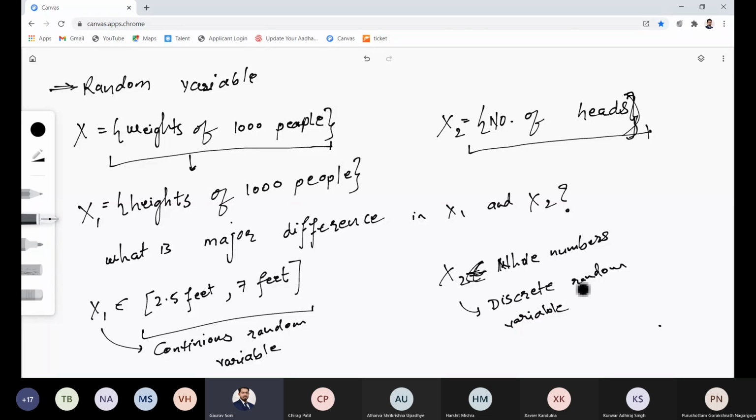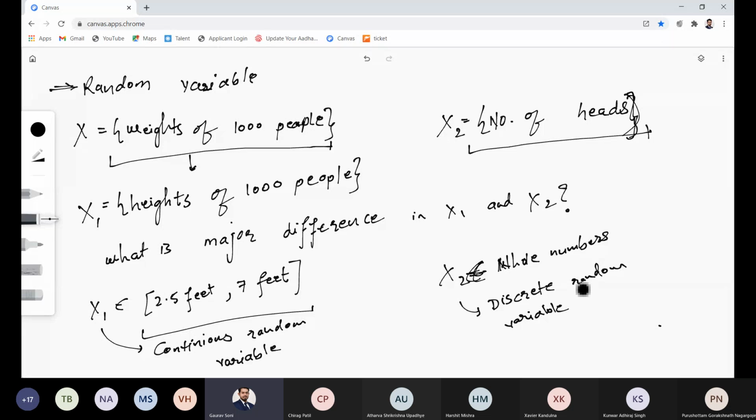So binomial distribution is of which random variable? Discrete random variable. Because in binomial distribution your x is taking whole numbers, the values of x are not in an interval.